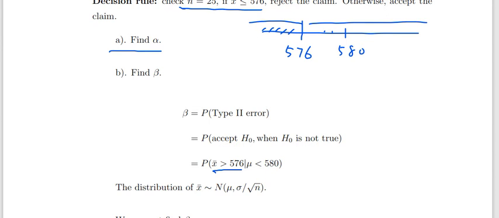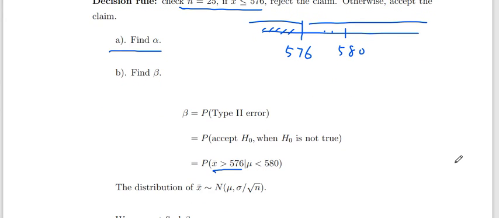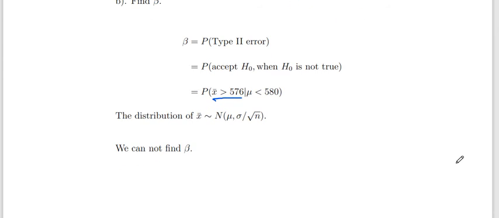H0 says mu equals 580. But when H0 is not true, we should pick HA. So we believe mu will be less than 580.